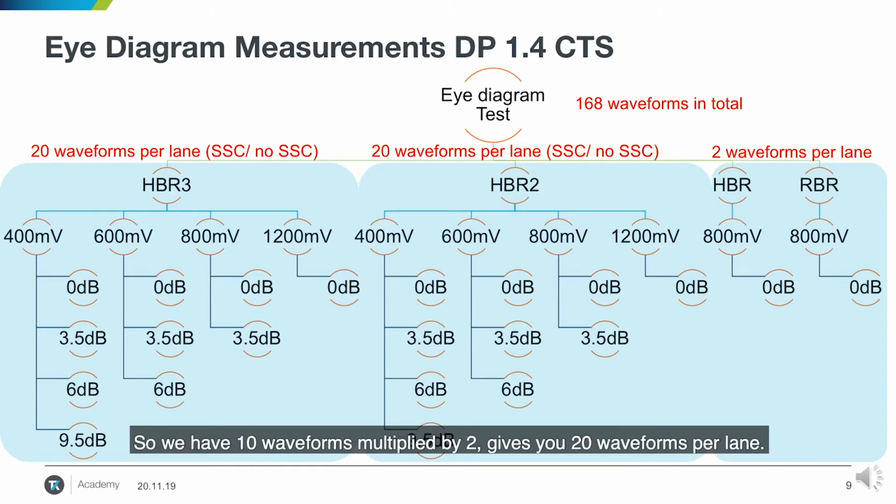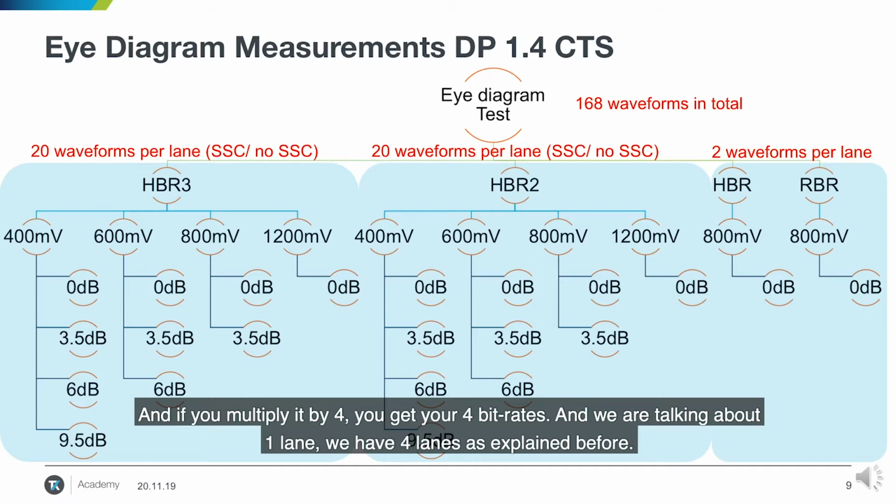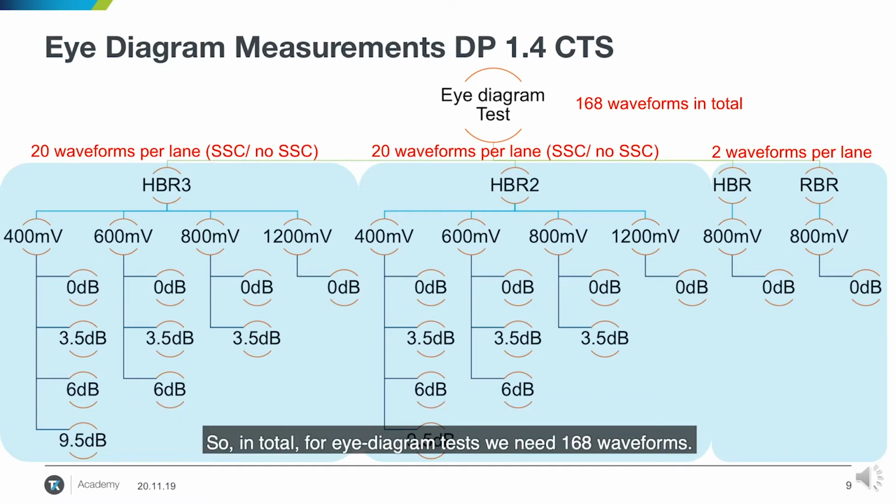So we have 10 waveforms multiplied by 2 gives you 20 waveforms per lane. And if you multiply it by 4, you get your 4 bit rates. And we are talking about one lane. We have 4 lanes as explained before. So in total, for eye diagram test, we need 168 waveforms.